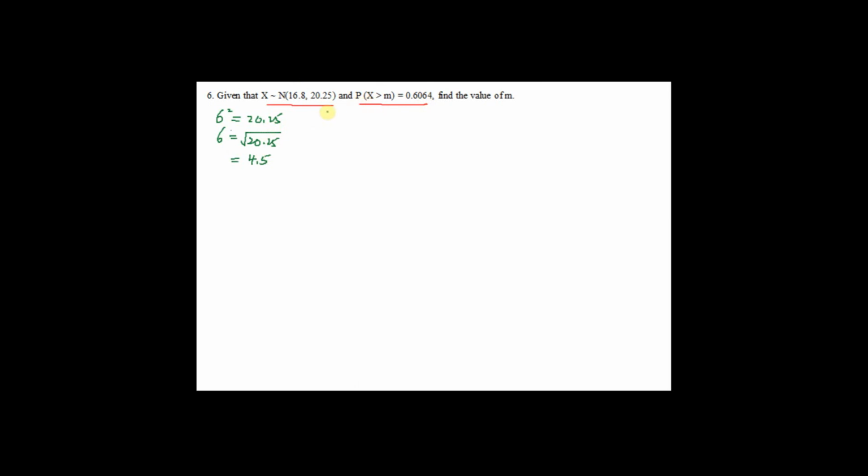Given that probability X more than M equals 0.6064. Now you can see here X is not the standard normal distribution, so we have to convert to the standard score. How to convert? We have this relationship, Z, the standard score, equals X minus the mean over the standard deviation.